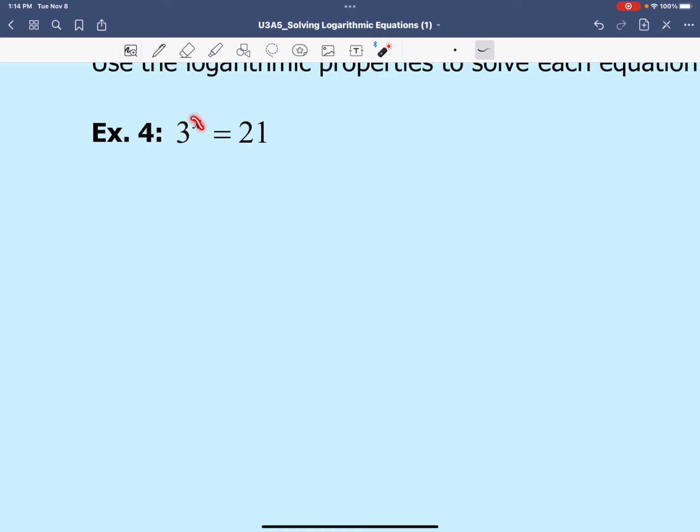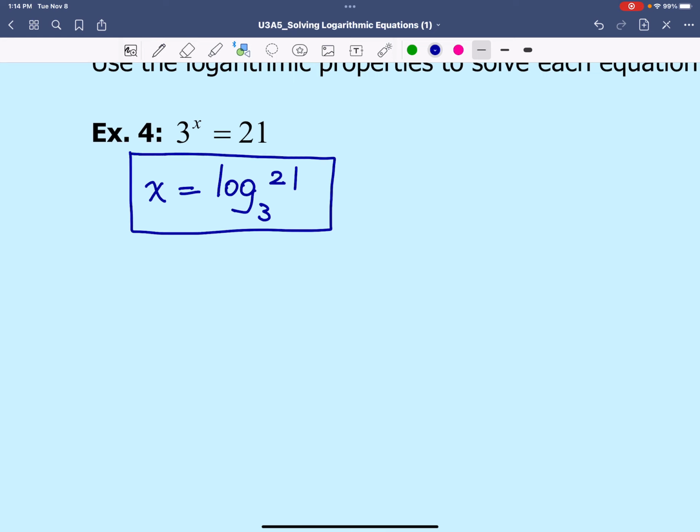So our unknown, or the variable we need to solve for, is in the exponent. And this is an exponential statement. So to solve this equation, what we do is we rewrite this exponential statement into logarithmic form, and that would be log with base 3 of number 21. So this would be the exact answer to this equation.